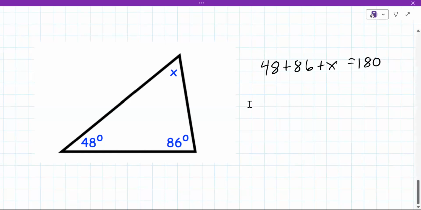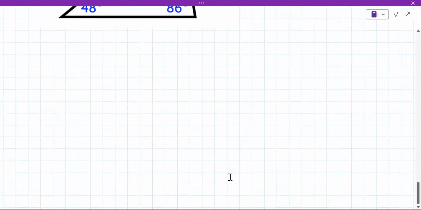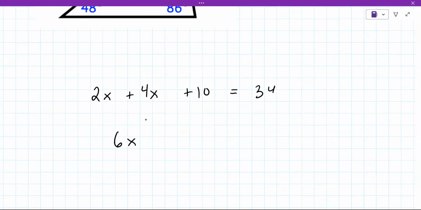Okay, so we haven't done this yet, but if I say 2x plus 4x, can you tell me what that adds up to? 6x. 6x, right? And if I add a 10 here and say equals 34, right?